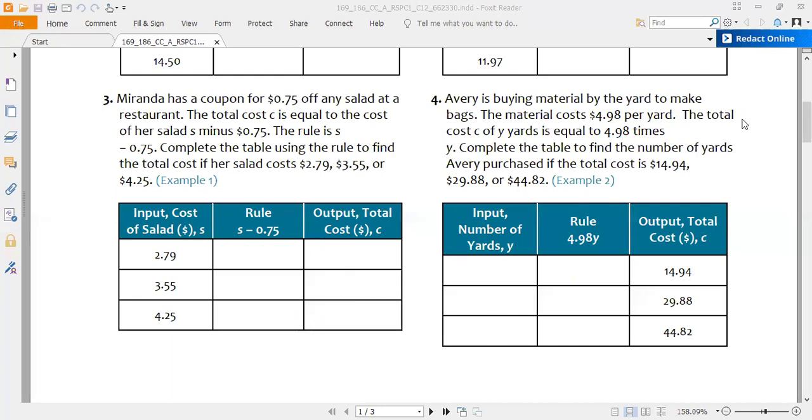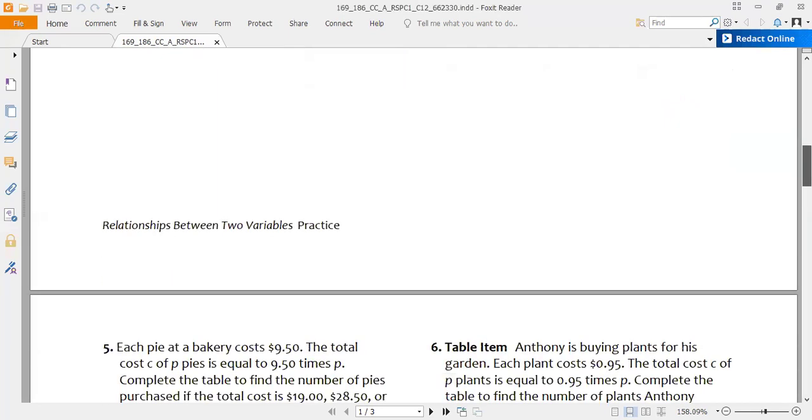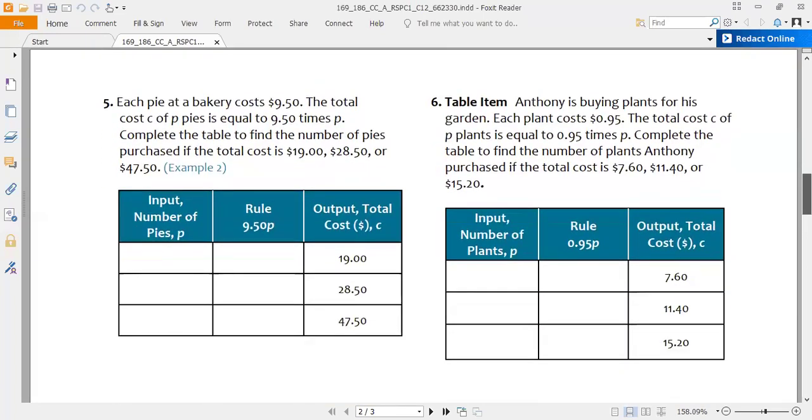Okay, the next question is question number 5 and 6. That's the same one. Actually, we have to find for every cost the total is given. This is given 9.50. So what number should I multiply that will give me this value that is given here?